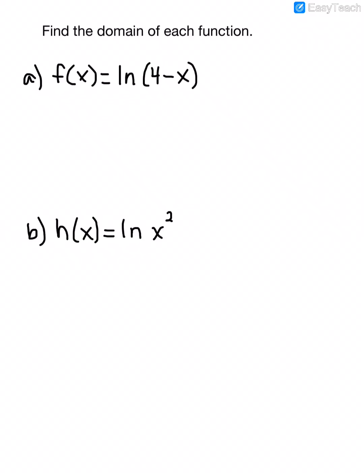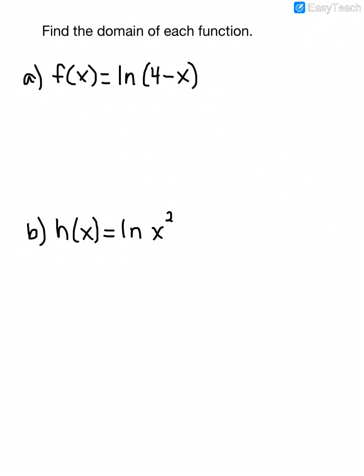The natural logarithm has the same type of graph as a regular logarithm. Any logarithmic function, whatever the base is, is going to have the same domain as what we talked about earlier, because it's a logarithm. Because of that, natural logarithms also have to have a positive argument.